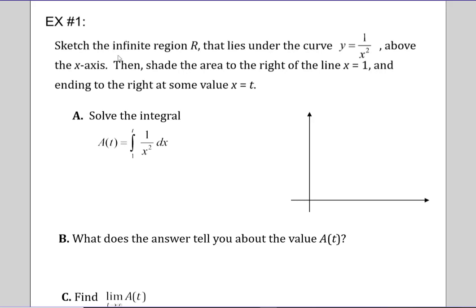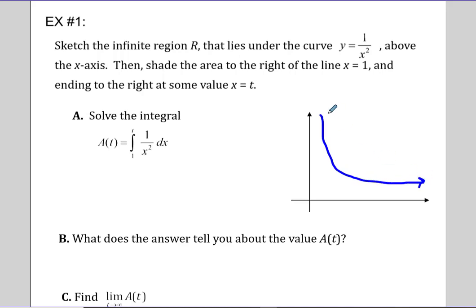In this first example, we want to sketch the infinite region that lies under the curve of 1 over x squared. We're going to sketch it so that our lower bound is at 1.